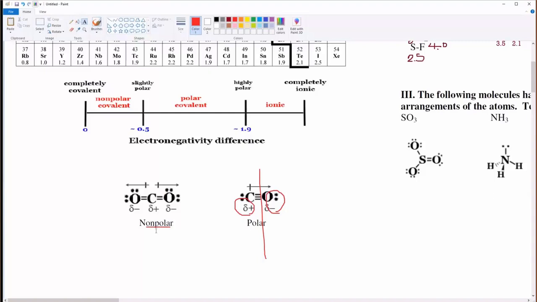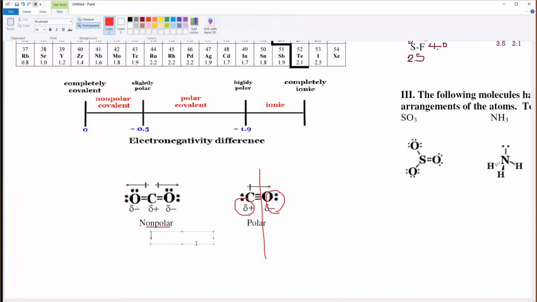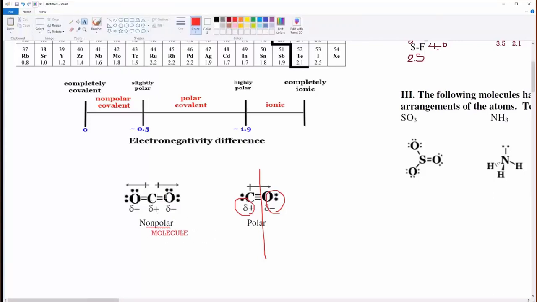And I'm not saying nonpolar bonds. I am very specifically meaning here nonpolar molecule. Altogether, the molecule is nonpolar because of the geometric shape and distribution of those individual bonds. Are you guys with me a little bit?